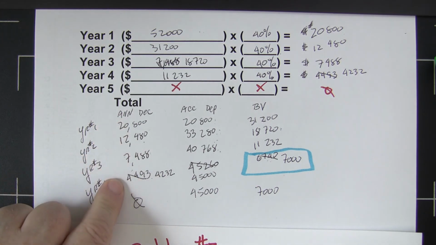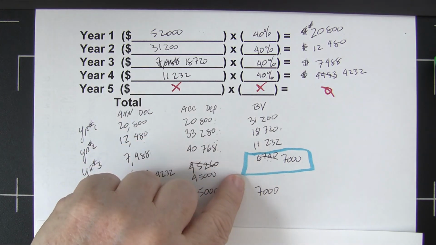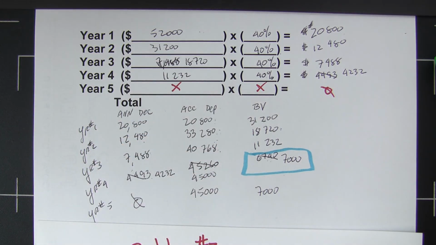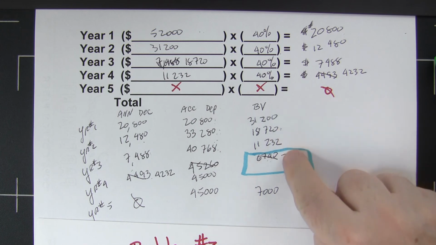These numbers would appear on the income statement each year, and the book value would show on the balance sheet each year. So each year, the balance sheet for declining balance will show these numbers.